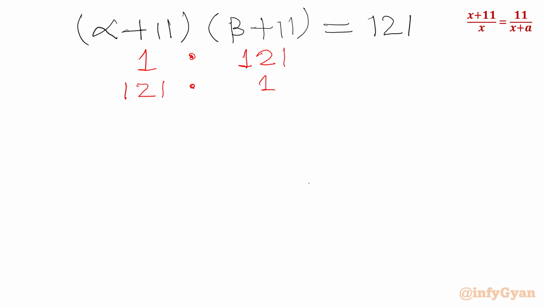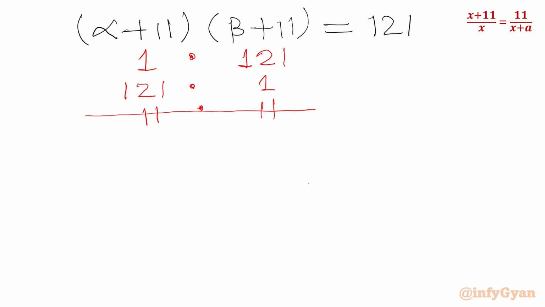If alpha plus 11 bracket is 11 and beta plus 11 bracket is also 11, we will get the same product 121. But we won't accept this case as we are looking for distinct integer solutions.